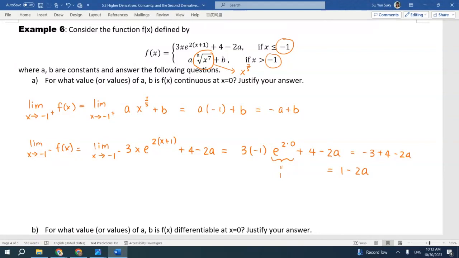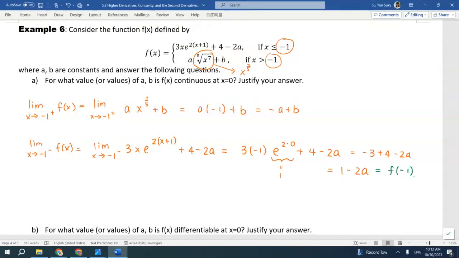Where do we put the f of -1? Which formula do you see the equal sign? The top one or the bottom one? The top one, which is 1 minus 2a. So we set this equal to f of -1.